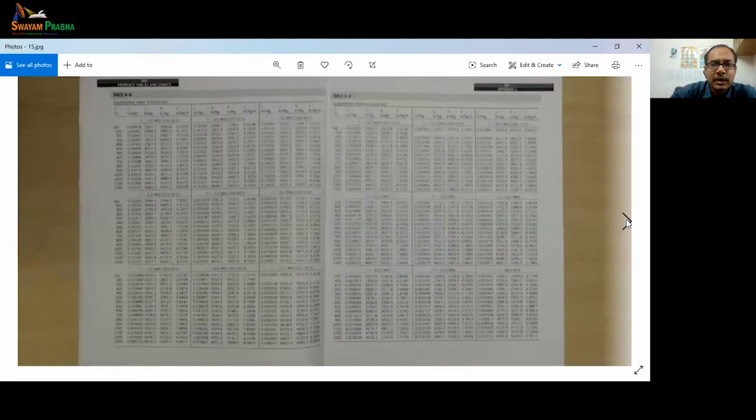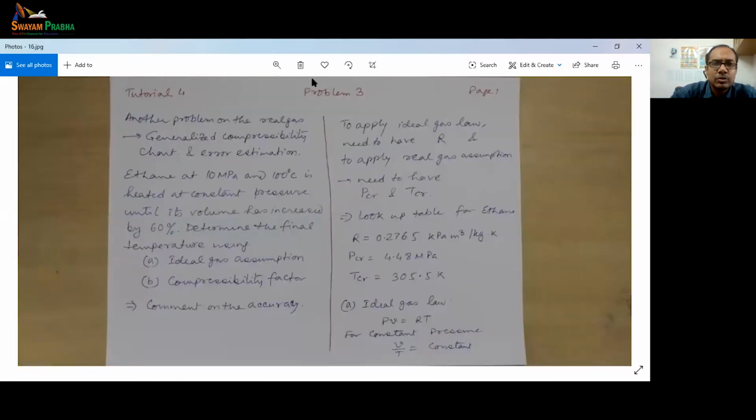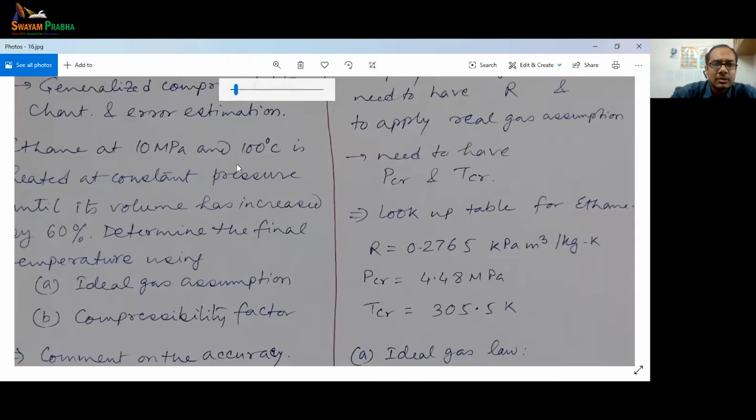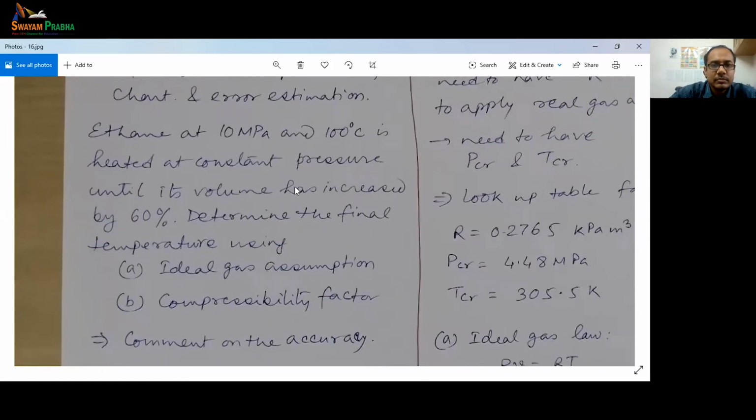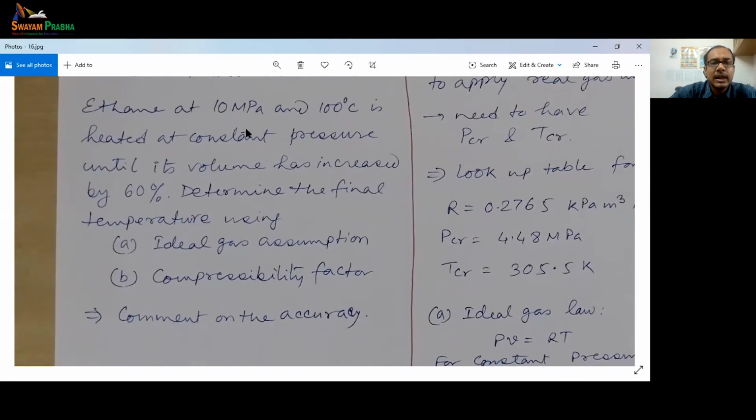Now we'll look at another problem which will use the similar concept of compressibility, so that you can internalize this compressibility factor, this real gas assumption and all, but we'll do it for another gas. Now we'll do it for ethane. Ethane at 10 megapascal and 100 degrees centigrade is heated at constant pressure until its volume has increased by 60%.